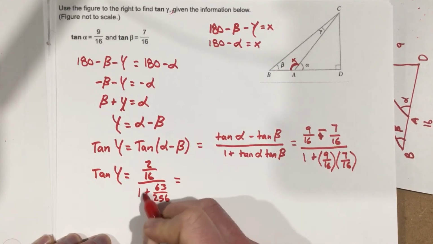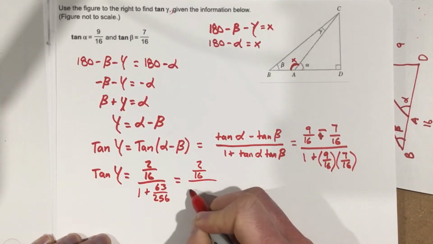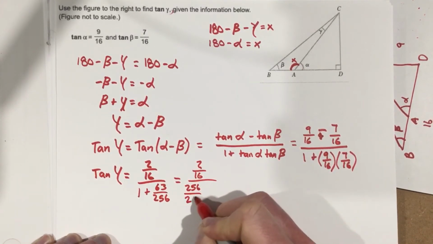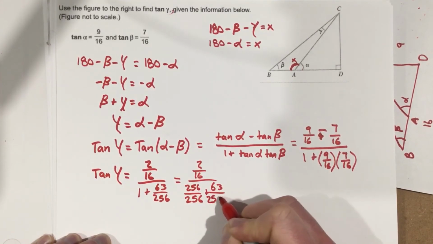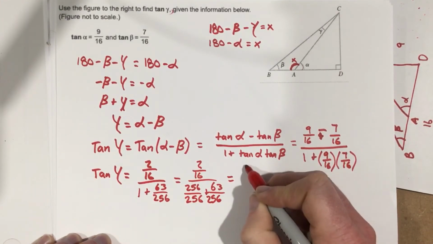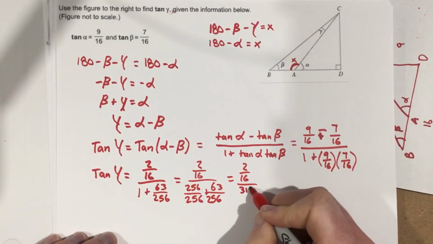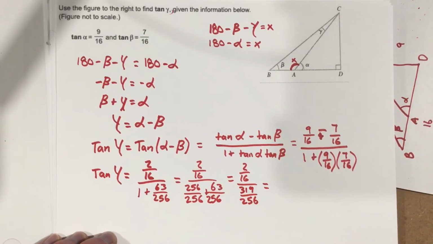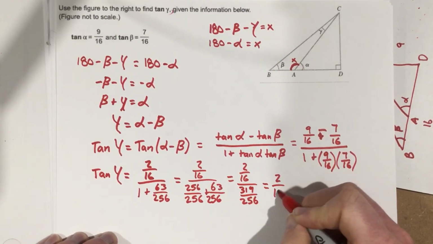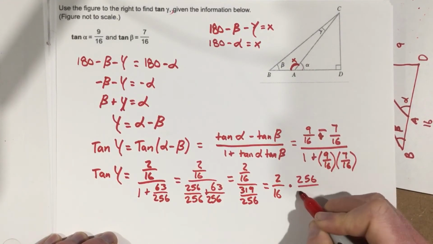I'm going to make 1 into a common denominator of 256, so that's 256 over 256 plus 63 over 256. So that's 2 over 16 over 256 plus 63, which is 319 over 256, which equals 2 over 16 times, and then we flip this, 256 over 319.